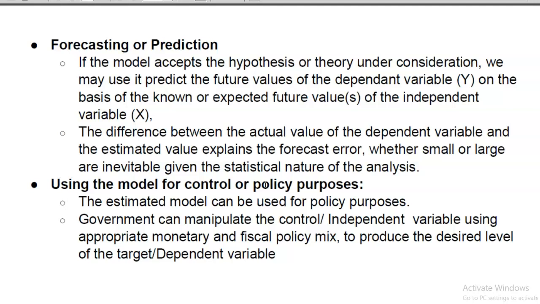If you want the consumption expenditure to stay under certain limits, then what has to be the change in the GDP, and how can we control the GDP, or what other factors can be controlled to ensure that the consumption expenditure does not increase by so many units. That is using the model for control or policy purposes. So this is your methodology. Okay, thank you.